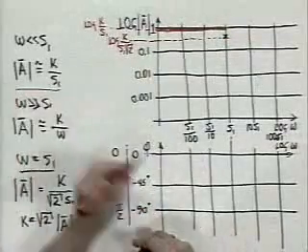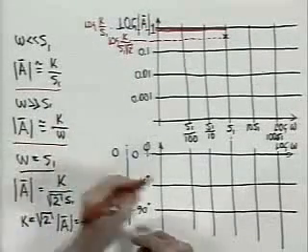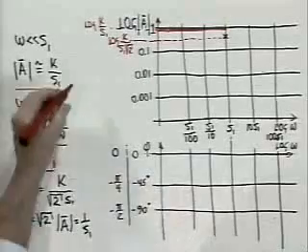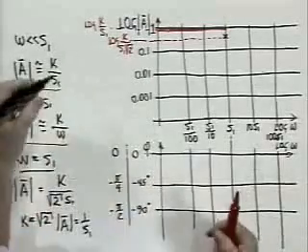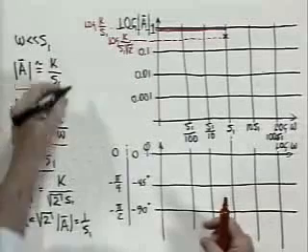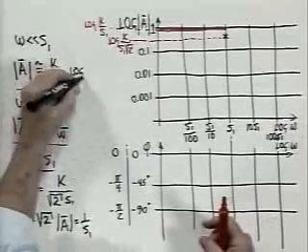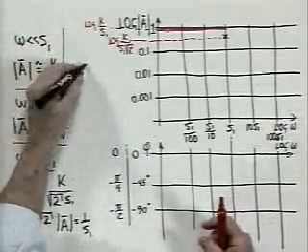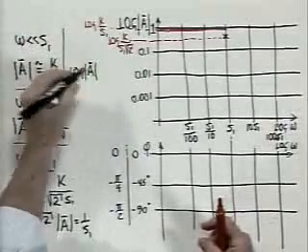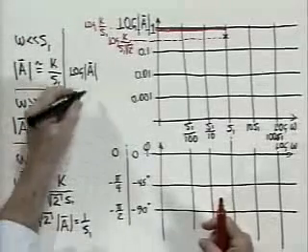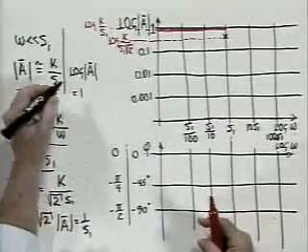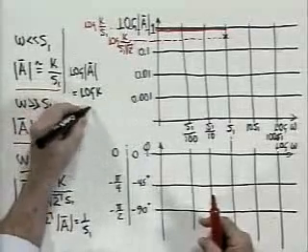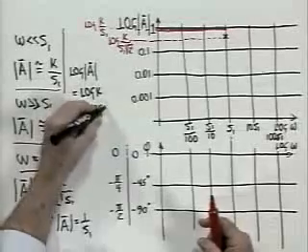That's that relationship. Now let's look at this one. The magnitude of A is K over omega. Let me take logarithms of both sides of this equation. The log of the magnitude of A is equal to the log of K minus the log of omega.